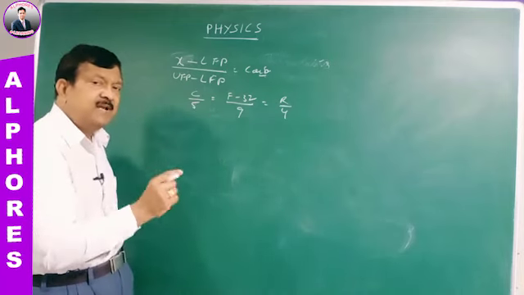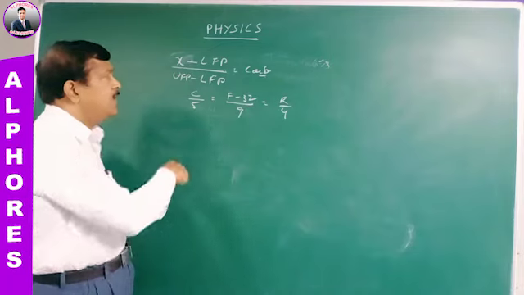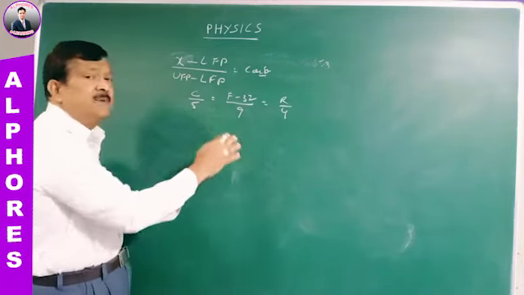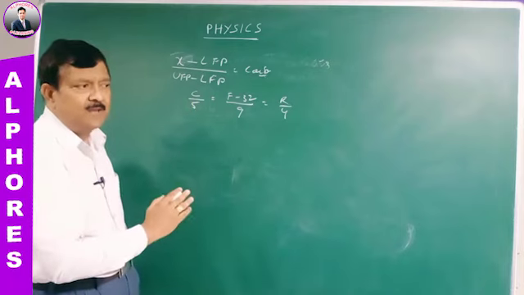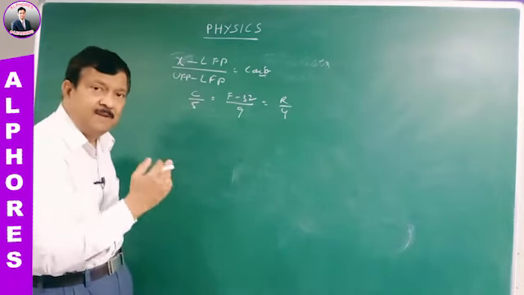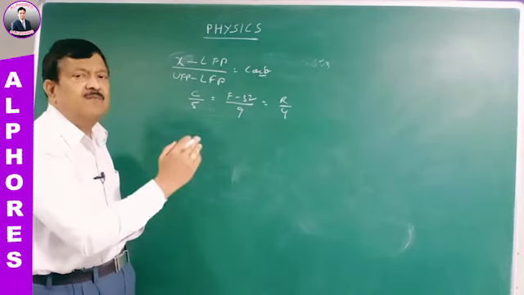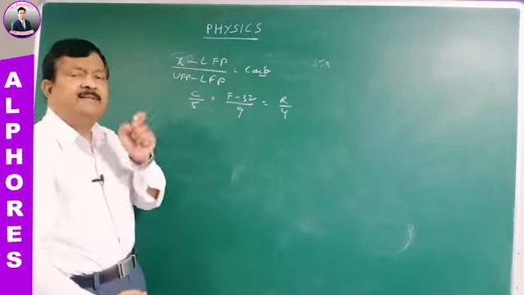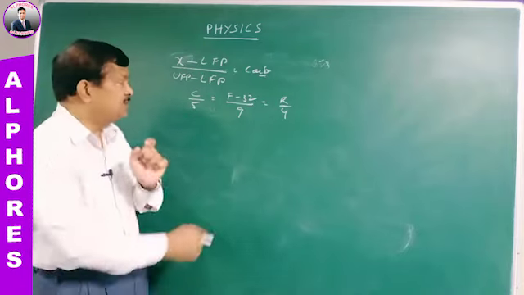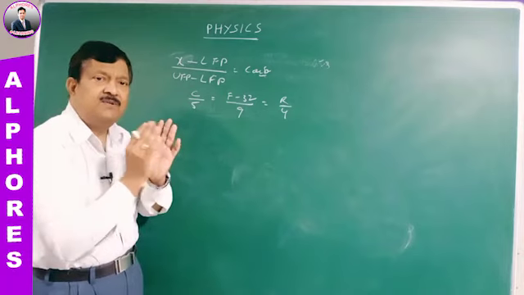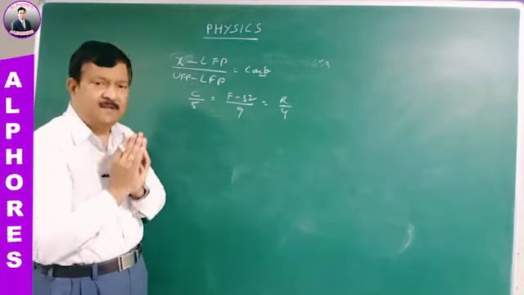Let us suppose I am measuring the temperature of a body using a centigrade thermometer and a Fahrenheit thermometer, and suppose both of them give the same reading. Then what should be the temperature of the body? That means it is the temperature at which both the centigrade thermometer and Fahrenheit thermometer will give the same reading. Let us calculate the temperature.